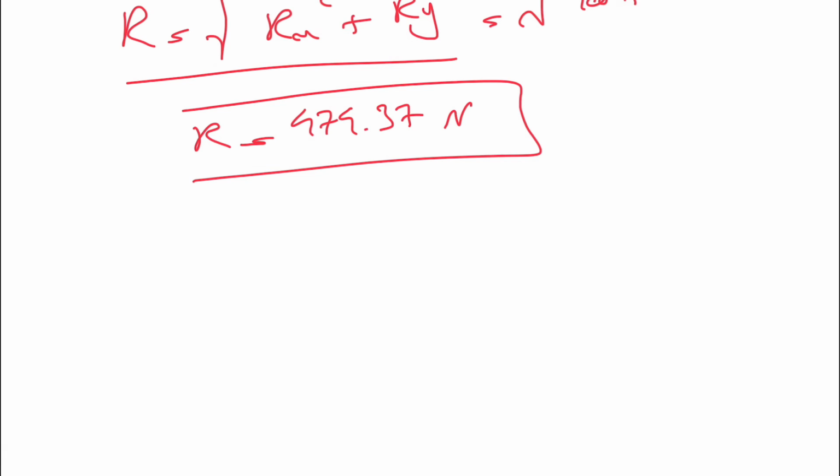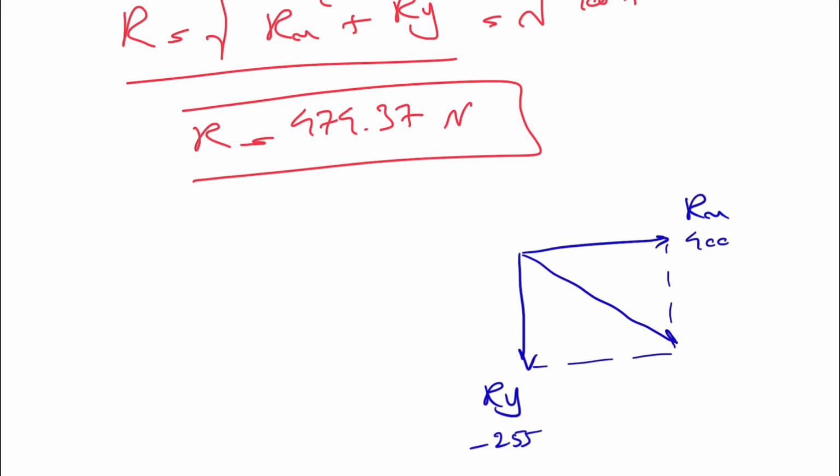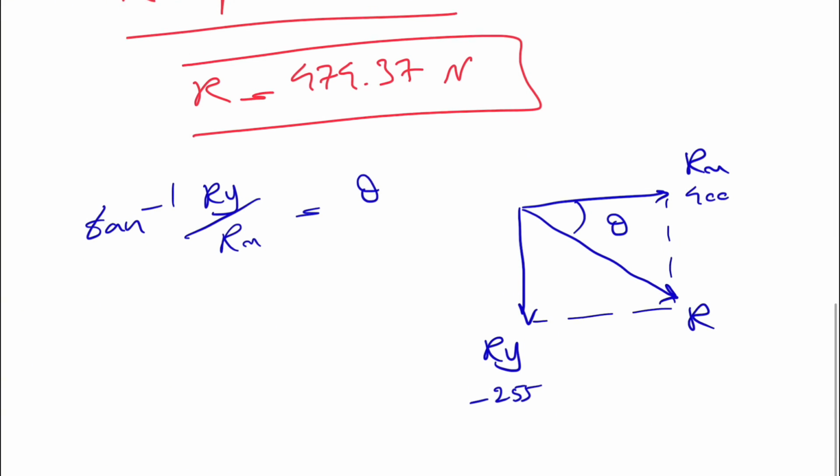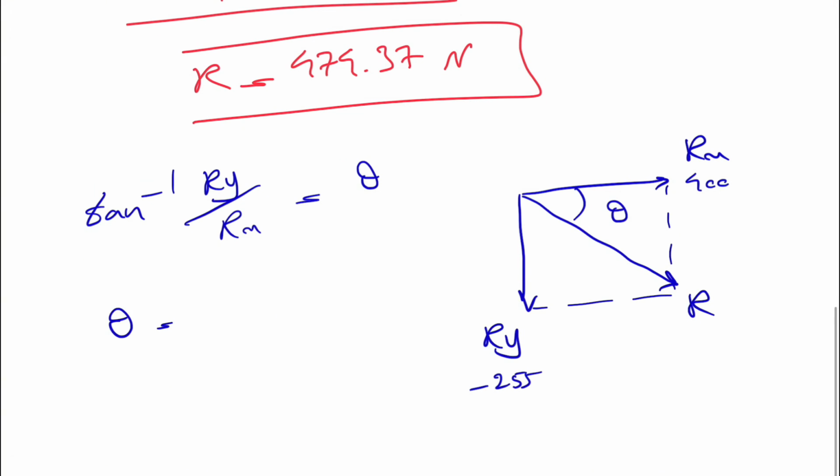What we found for R at the end was a positive Rx of 400 and a negative y component of minus 255. If we want to report the angle here, this will be our R, and let's call this angle theta. Theta will be the inverse tangent of Ry over Rx, so the inverse tangent of 255 over 400.